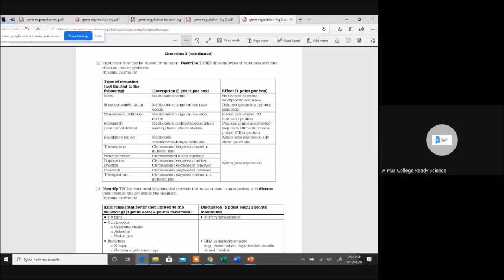Readers are only going to grade the first 3. Also pay attention to the word describe. It doesn't say identify. So you've got to say silent mutation and talk about what a silent mutation is and what effect it has. Say missense point mutation, talk about what it is and the effect it will have on the protein. You're not going to get any points for just saying silent, missense, and nonsense. You'll get 0 points for that.